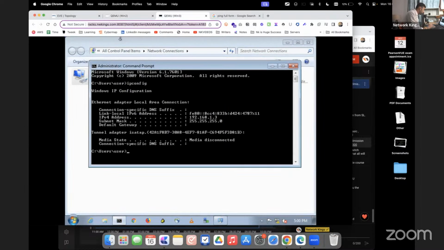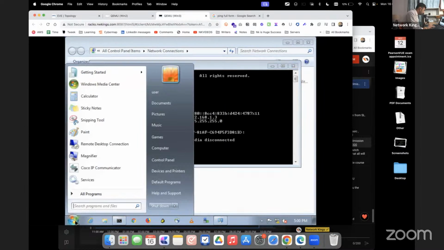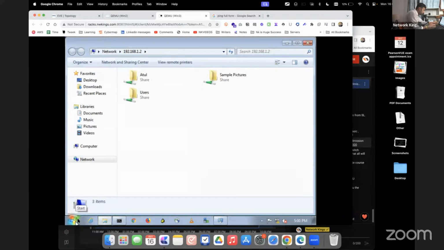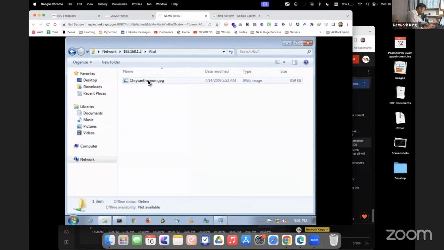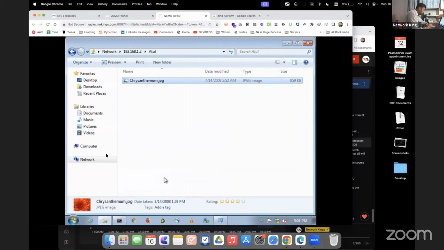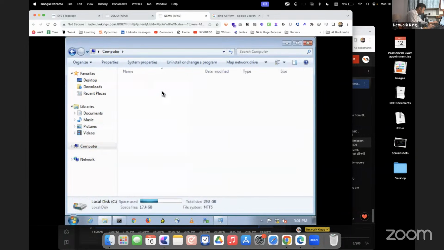How to access this from another computer? You just type here two backslashes, I think this is backslash only, then the 192.168 IP address of the first computer. Enter. Now you can see there is a folder Atul, and now you can copy this picture from that machine, right? And I can paste in my C drive.